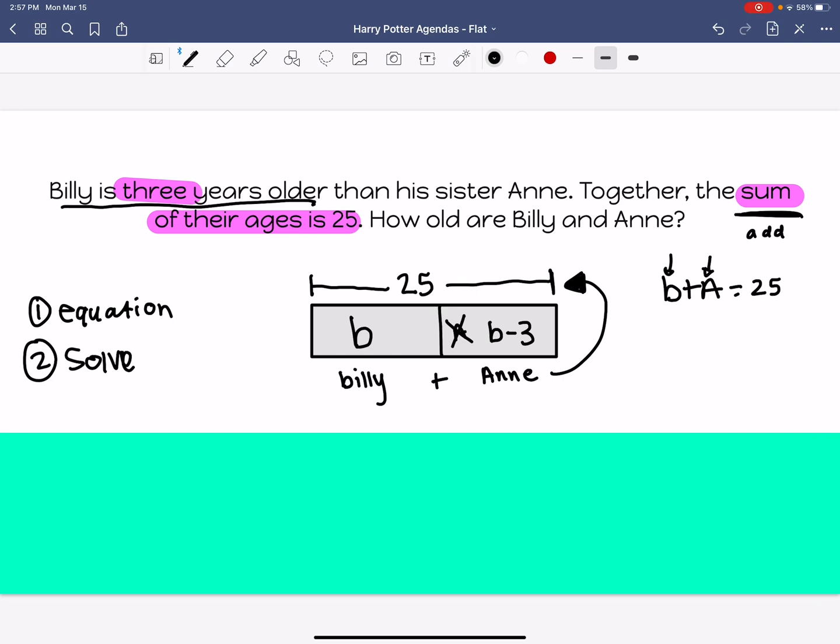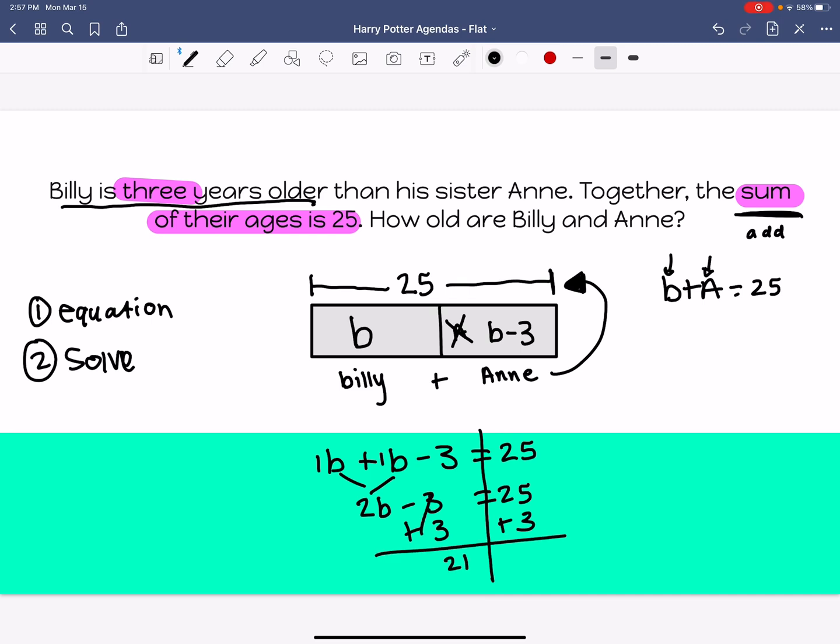Now we pull out the parts, so we have B plus B minus 3 equals 25. Now we just simplify and solve. Each of these B's is 1, so that gives us 2B minus 3, because we combine like terms, equals 25. We add 3 to both sides. We get 2B equals 28, and we divide by 2.